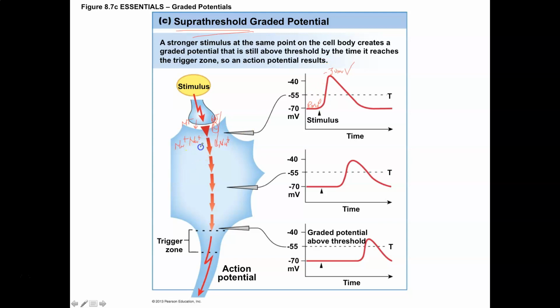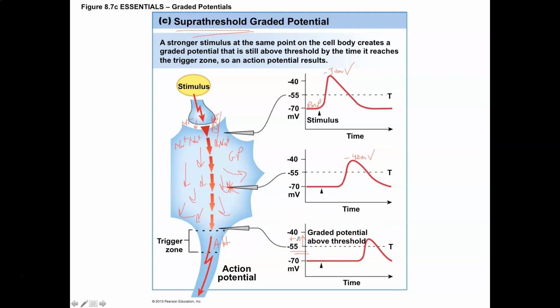And now the graded potential gets weaker with distance as it spreads out. As we measure it in the middle of the cell body, we see that we're still above threshold. We're at minus 40 millivolts. And then when we get to the axon hillock, the trigger zone, we're still above threshold. There's that negative 55 or more positive.